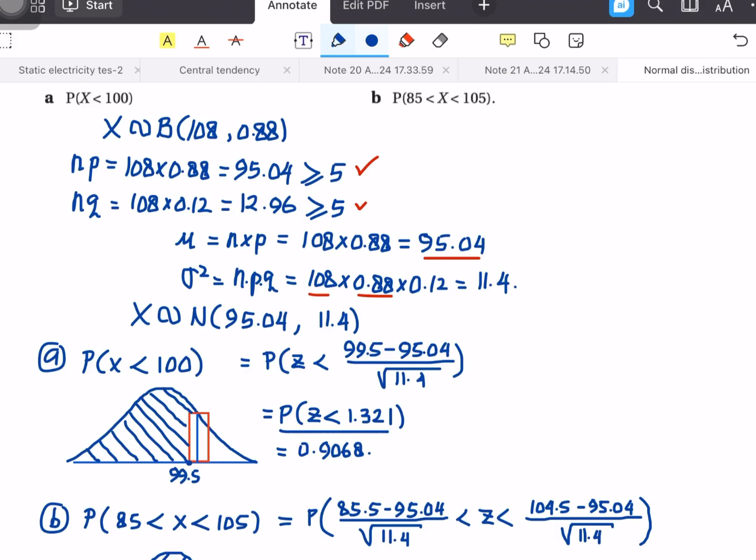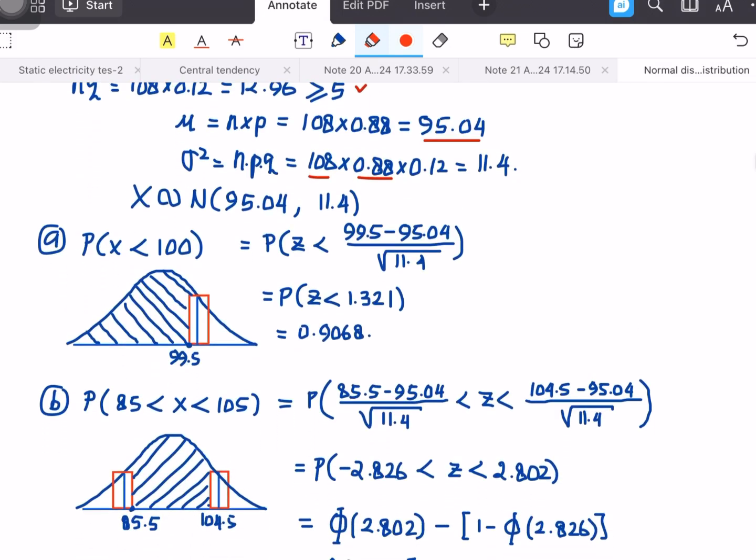So probability Z less than 1.321, we can find it using a table. The value is 0.9068.